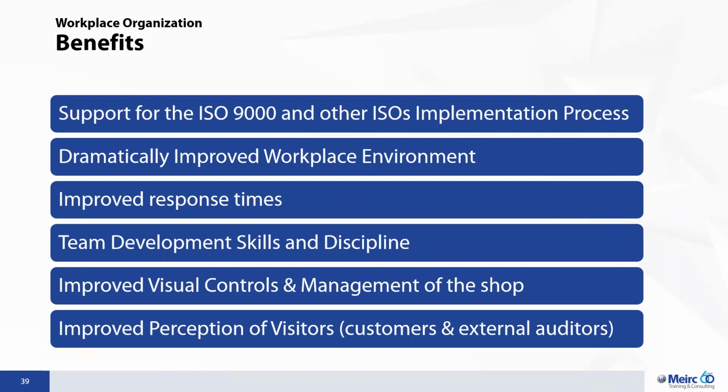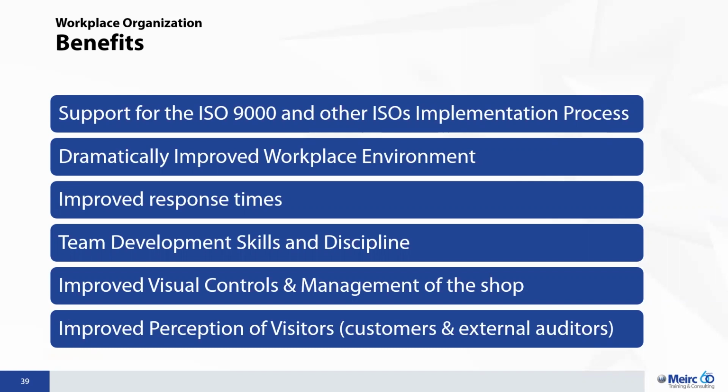I think here, benefits, again, many of the ISO systems require this to be in place to be able to get to the improved workplace environment. Response times for doing things. I think you tend to agree with me that an organized workplace will tend to have better efficiencies and response times.